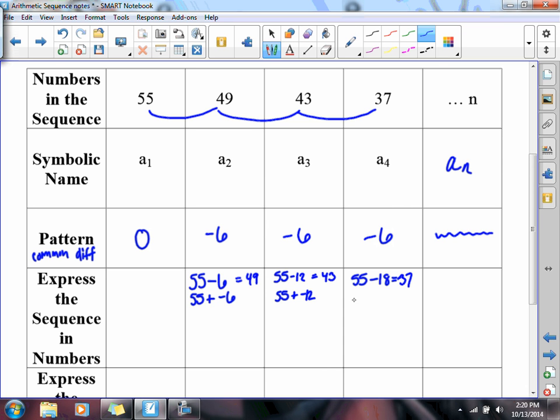And again, we could think of that as 55 plus a negative 18. Now, in this first part, to go from 55 to 55, I didn't do anything. That was like 55 minus 0 is 55. But remember, I want to think of it like a plus. So 55 plus 0 is how I want to think of that.